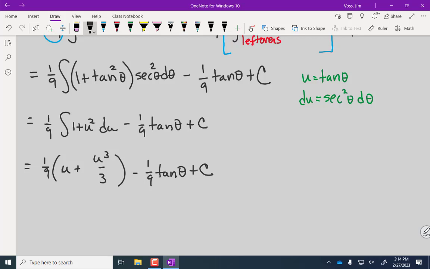We're almost there, right around the corner. So back substitute the tangent in, we get 1/9 tangent plus 1/27 tangent cubed minus, oh, look at that.